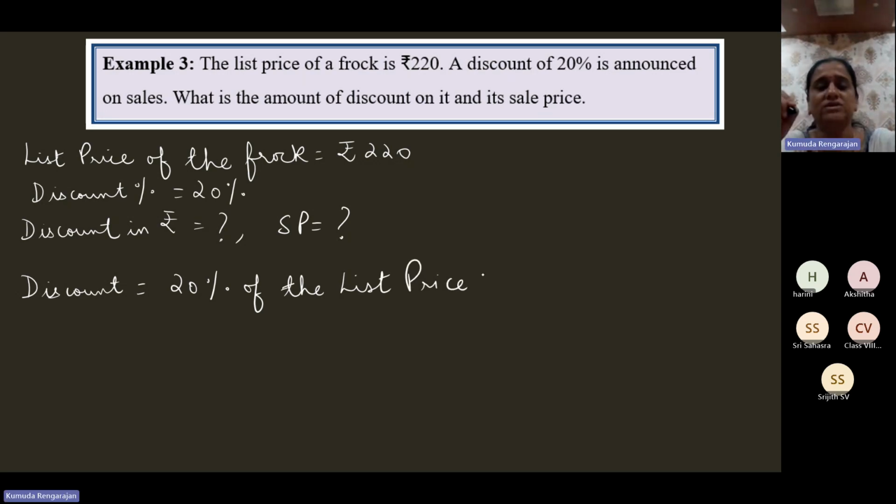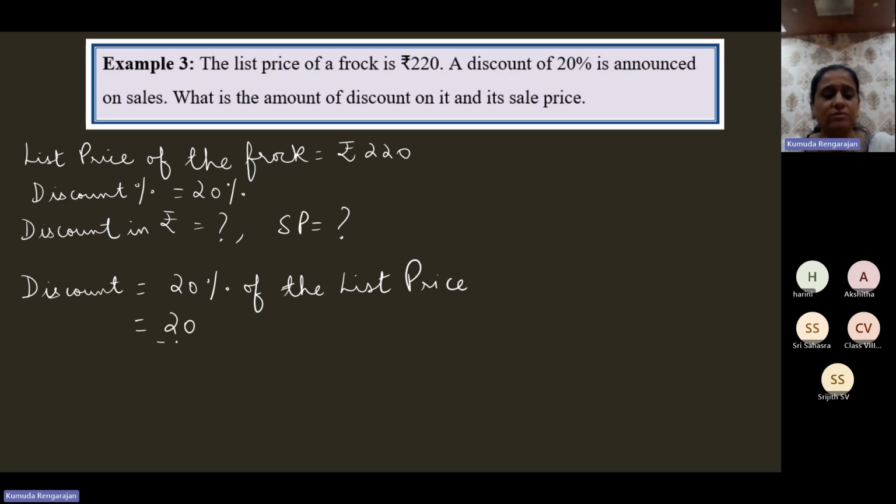The discount percentage is always calculated on the marked price. What is the discount percentage? 20%. So 20% is calculated on what? On the marked price. So 20% of the marked price is the discount. So discount is equal to 20% of the marked price or the list price.